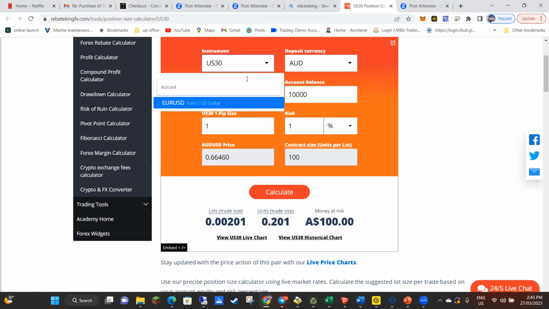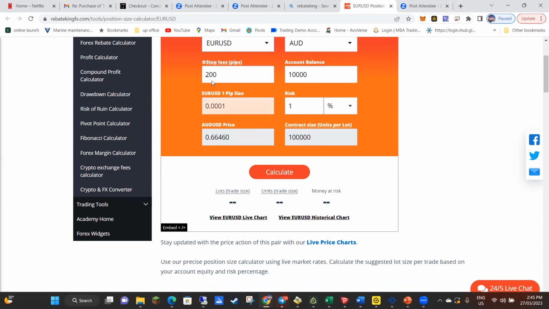Euro USD, if we were to select that one, and we've still got same size accounts, and same, like we've got a stop loss of 200 pips, for example, if we wanted a 1% risk. Contract size is always 100,000 on the Forex pairs. So you won't have to adjust that. It's always the same no matter what broker.